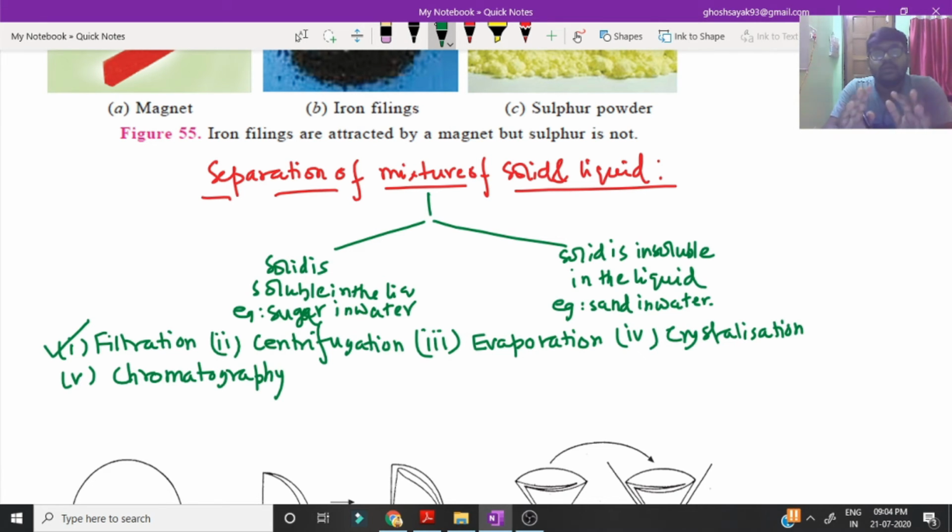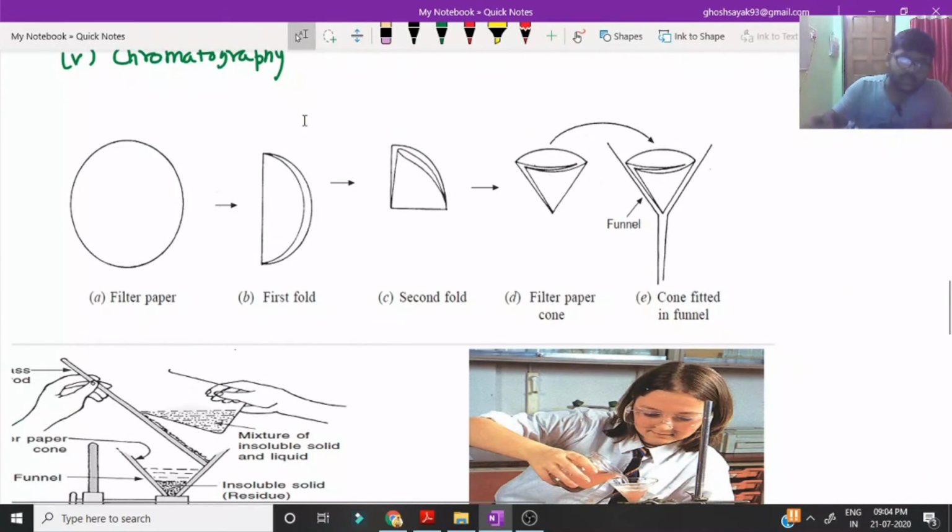The name suggests itself, filtration, right? That means there will be a membrane by which a particular component can pass and another component will not be able to pass. Very easily we can understand this.